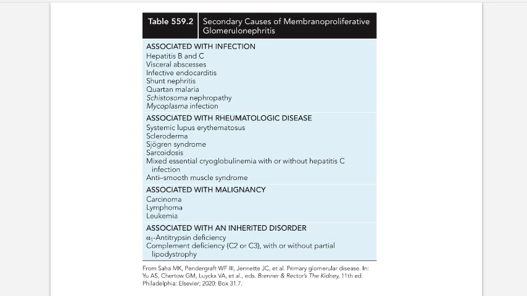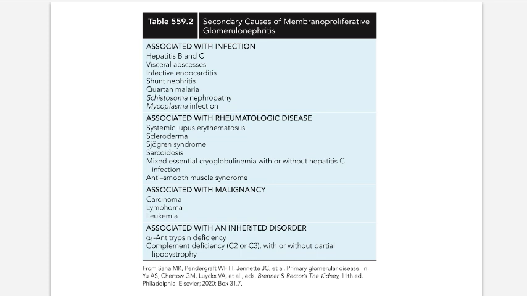Here are some secondary causes of MPGN: associated with infection like hepatitis B and C, visceral abscess, and shunt nephritis; associated with rheumatological disease like SLE, scleroderma, Sjogren, and sarcoidosis; associated with malignancy like carcinoma, lymphoma, and leukemia; and associated with inherited disorders like alpha-1 antitrypsin deficiency and complement deficiency.